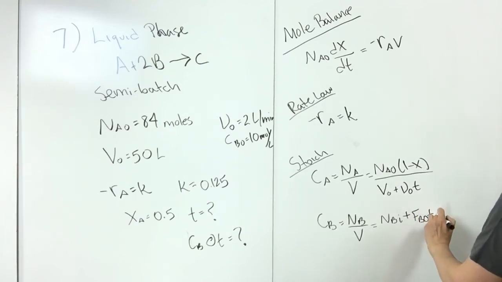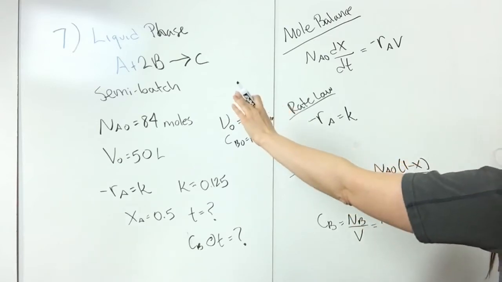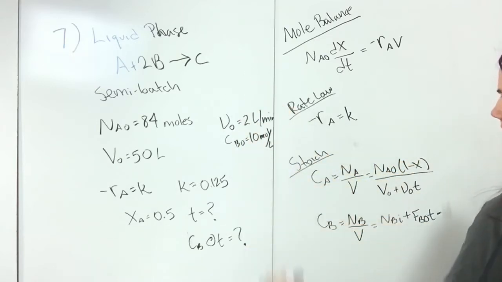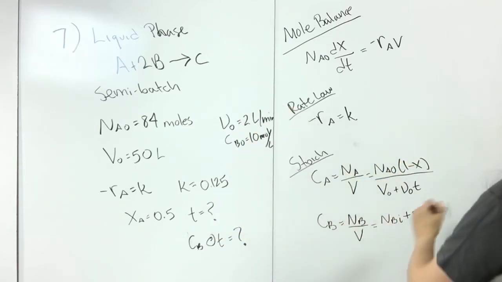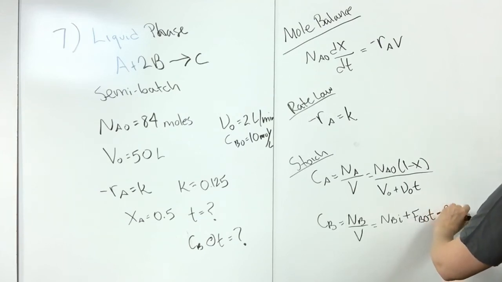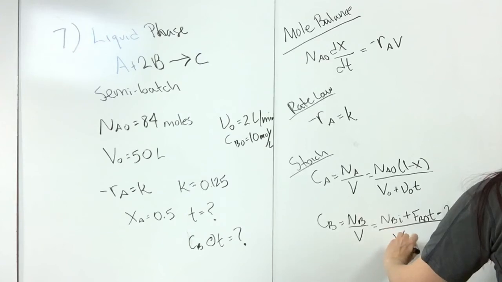Looking at stoichiometry, we know that for every one of A reacted, 2 of B are reacted. So this is 2 Na naught X over V, and remember the volume's changing.